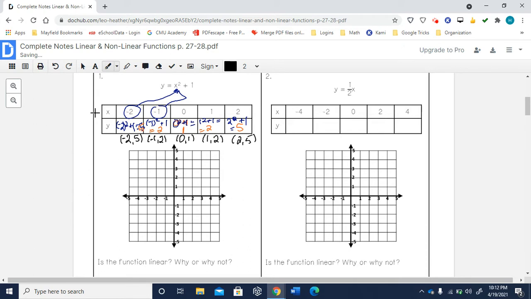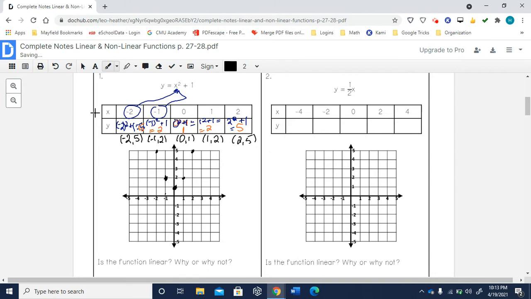So I'm going to plot those down here. We have negative 2, 5, negative 1, 2, 0, 1, 1, 2, and 2, 5.